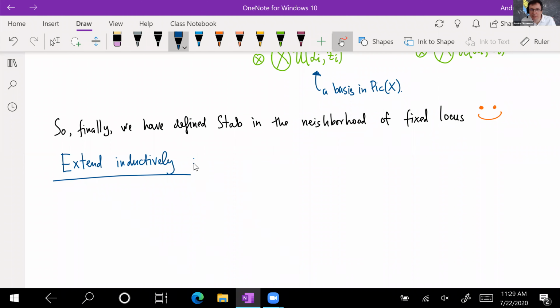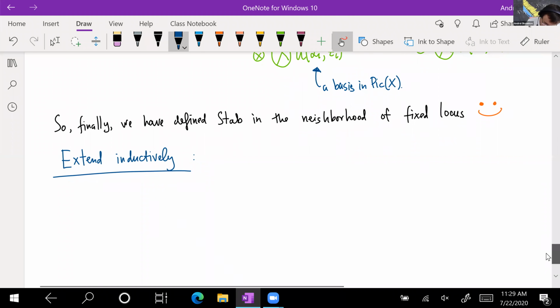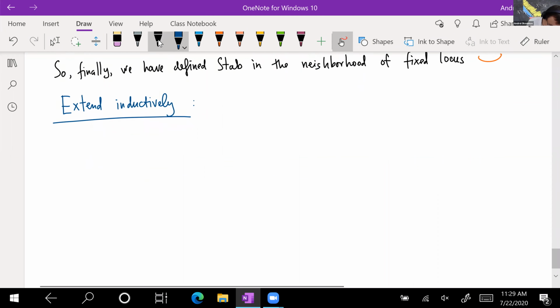And so how would the induction be organized? I'll draw a different picture of the same thing. This is my fixed point. This is roughly the picture behind me on this piece of paper, drawn schematically.